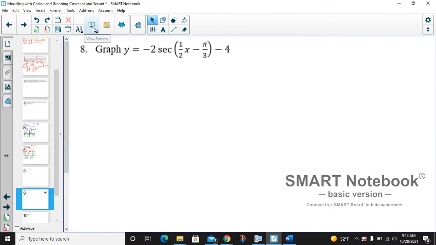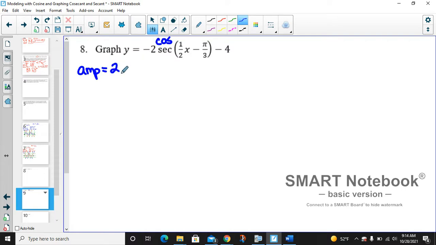Of course, I'm just going to do cosine here, since cosine is the reciprocal of secant. My amplitude is the absolute value of -2, which is 2. My period is going to be 2 pi over b, so 2 pi over 1/2.